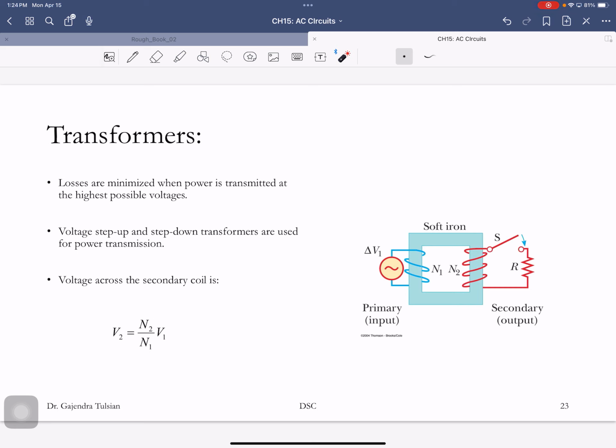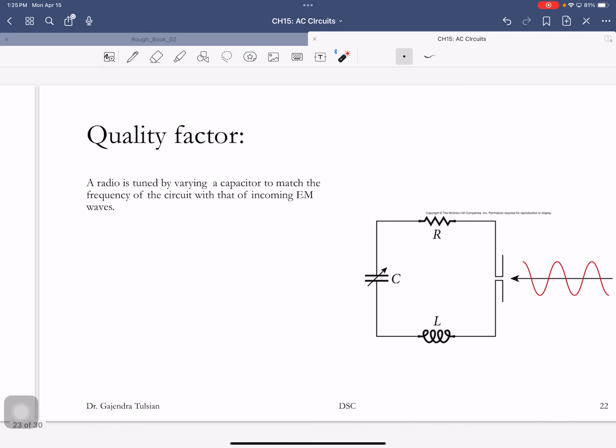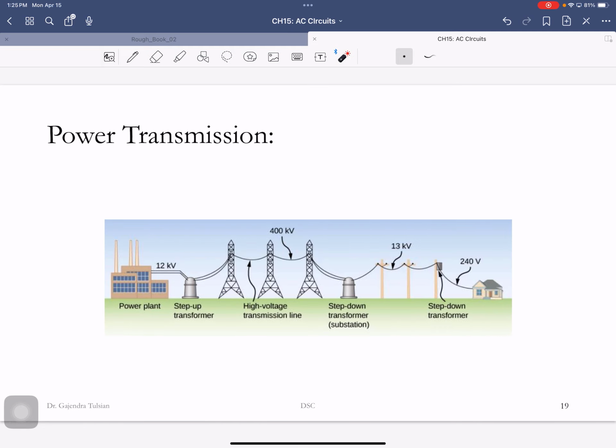So if N2 is greater than N1, it's called a step-up transformer because V2 is greater than V1. If N2 is less than N1, then V2 is less than V1, so that's a step-down transformer. So in this transmission, here's a step-up transformer, so N2 is greater than N1.